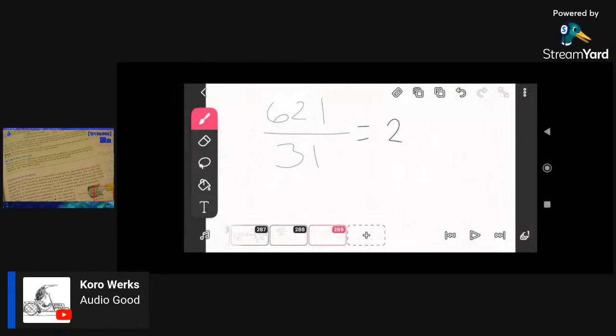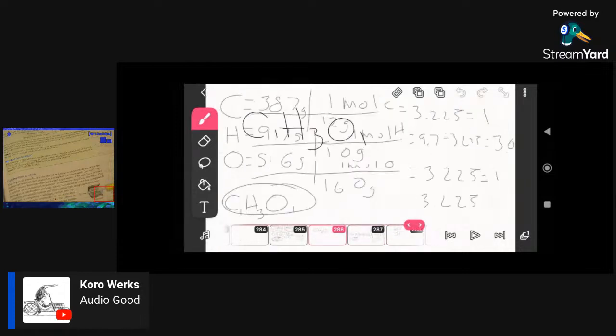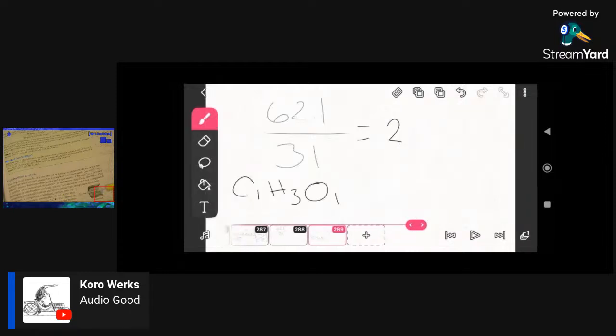All right. So now we get that original formula that we got, C1H3O1. Remember, this formula is the one we got earlier, that we calculated. So now we can take this 2 and multiply it by all the little numbers right there.